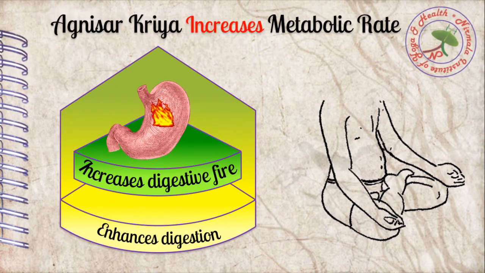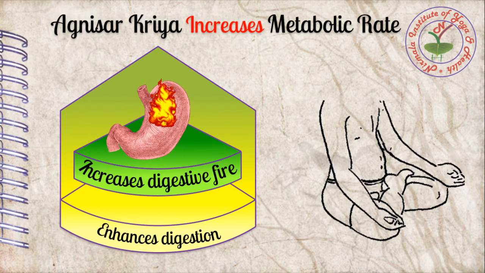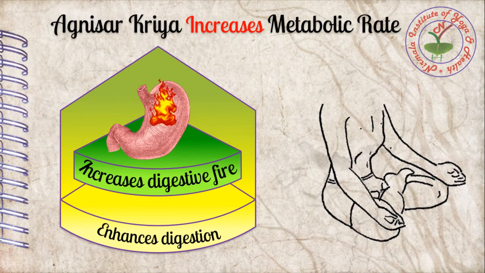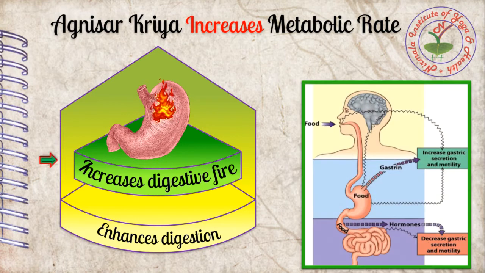In Agnisar, after retention of breath outside, vigorous contraction and relaxation of the abdominal muscles, including abdominal organs, occurs. It induces digestive fire and strengthens the abdominal organs. The digestive system is the starter for the metabolic process, from mastication of undigested food to elimination of feces.